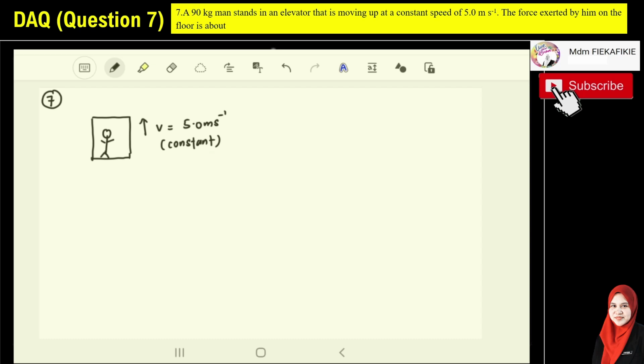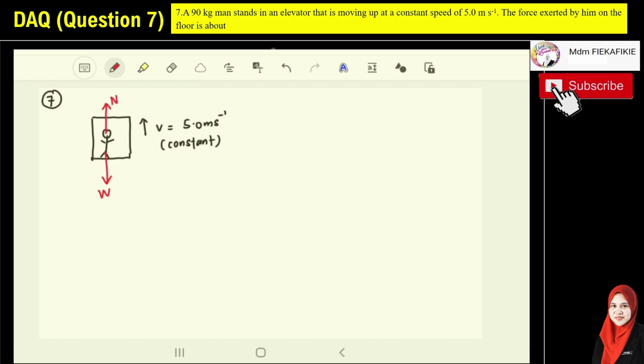Okay, so now we want to find the force exerted by the man on the floor. That means we need to calculate the weight of the man, because weight is the force exerted by him on the floor. The force exerted by him on the floor is the weight.